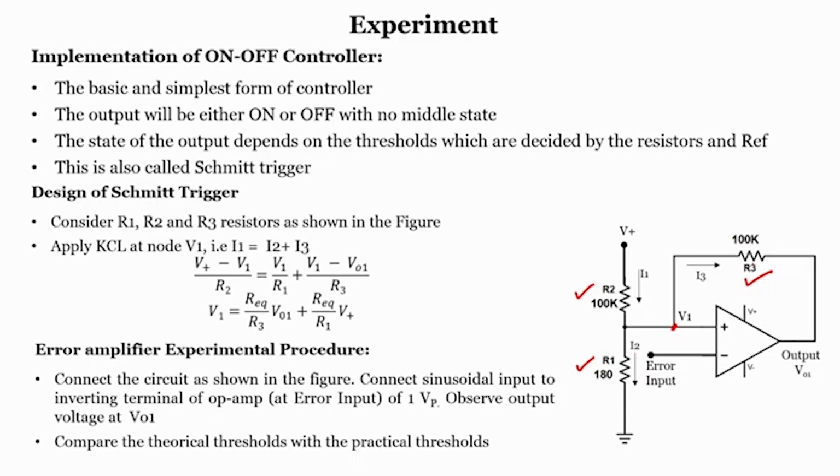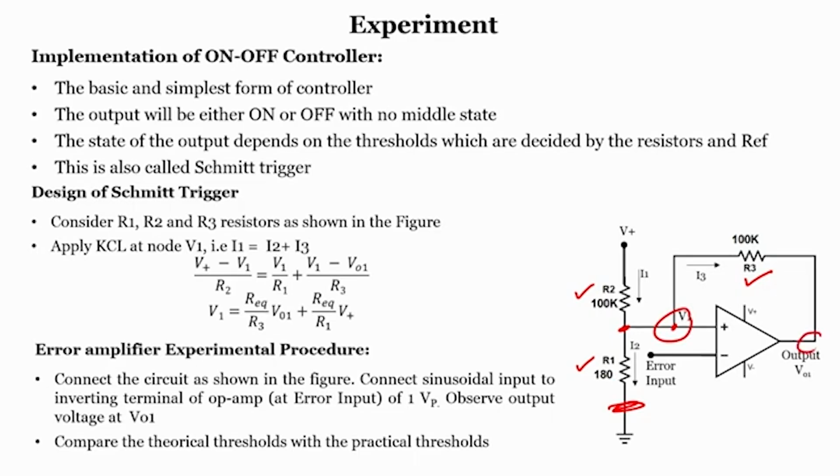Now, if we substitute the value of I as V by R, I1 is V plus minus V1 by R2, equals what is our I2? I2 is nothing but V1 by R1, plus what is I3?